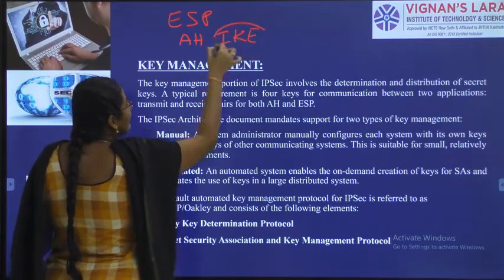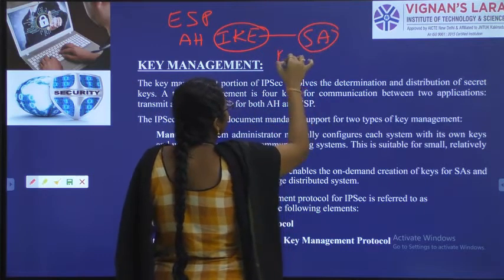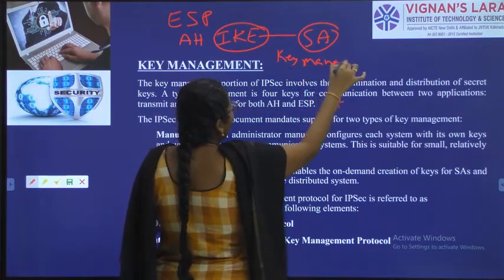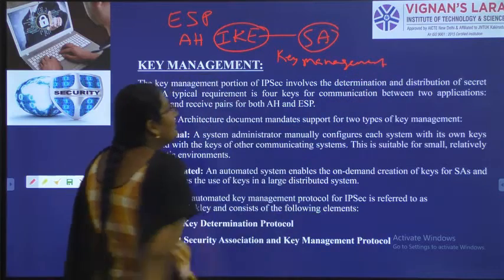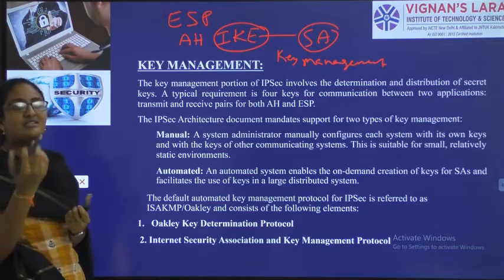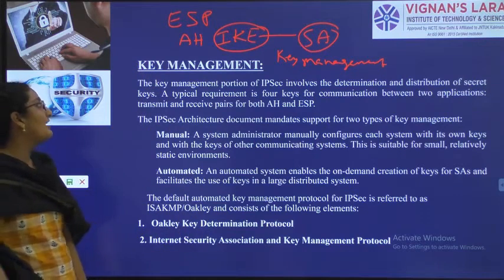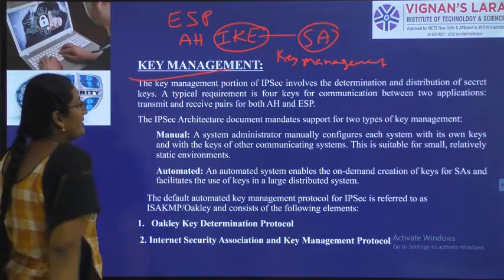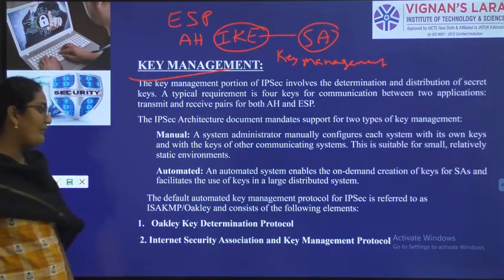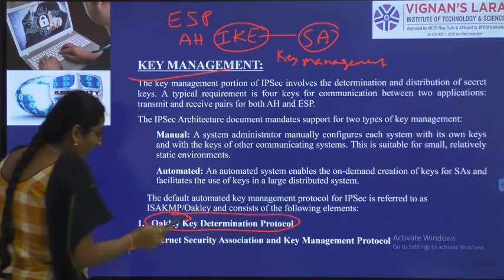So next one is key management. As I already told you, encapsulating security payload, authentication header, internet key exchange. This internet key exchange is for performing security association and key management. Now you will understand. IP security is for three things: encapsulating security payload, authentication header, internet key exchange.